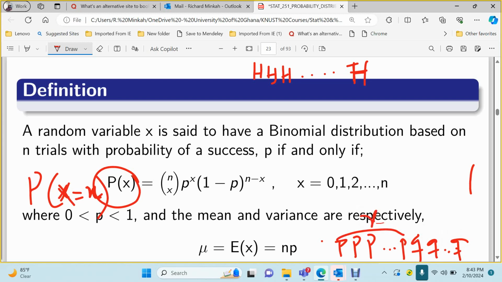But the number of successes plus the number of failures will give us what? N. So this part will be N minus x. And together we get N. So out of this N, I have x successes and N minus x failures.